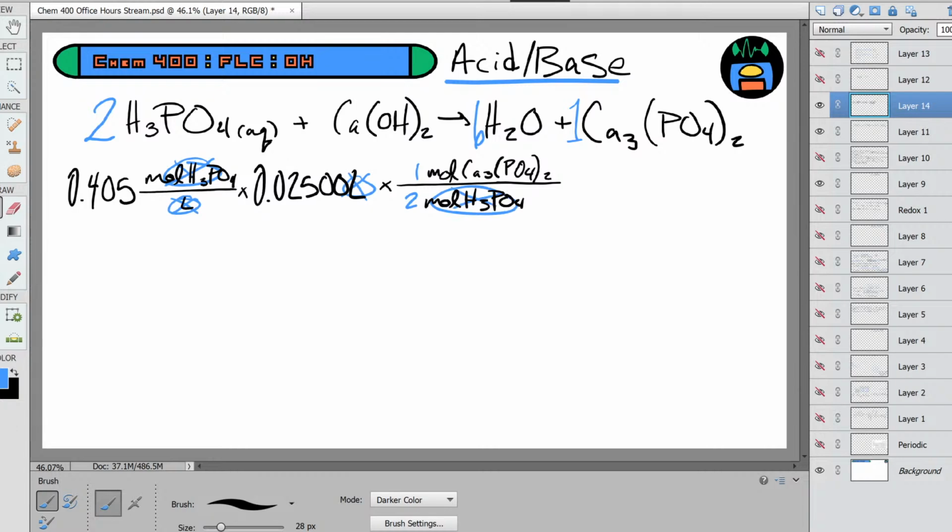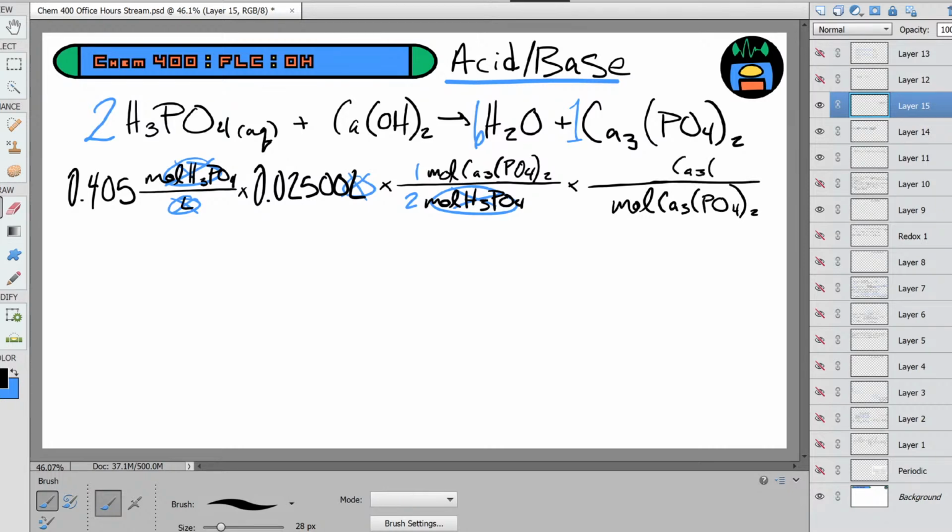We were asked to find the theoretical yield of the salt in grams. So we need to calculate our molecular weight here so we can convert from moles of calcium phosphate to grams. And this is going to be quite a gnarly molecular weight to calculate.